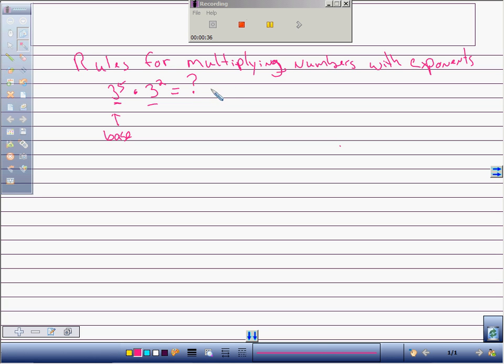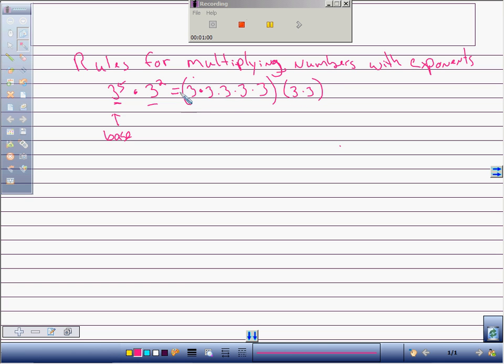Yeah, kind of. What does 3 to the 5th mean? What is 3 to the 5th power? 3 times 3 times 3 times 3 times 3, 5 times, right? So I'm multiplying 3 to the 5th times 3 times 3.